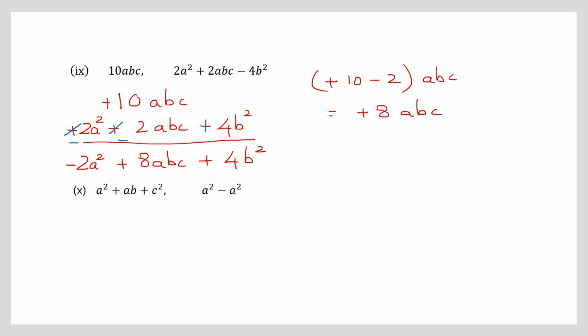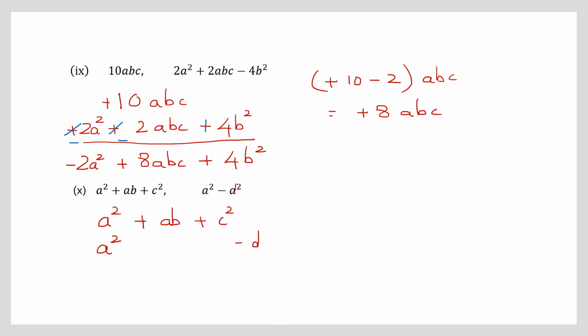10th one. a square plus ab plus c square. Then we have a square. Put it under this. a square minus, okay, so this is d square. Okay, d square, and let's make another column for that.